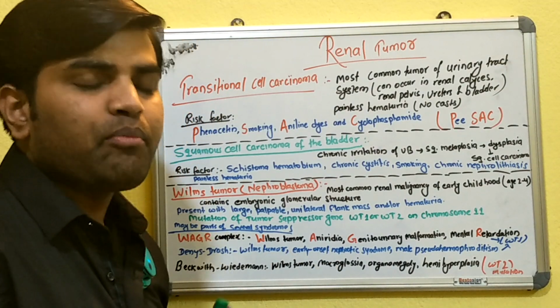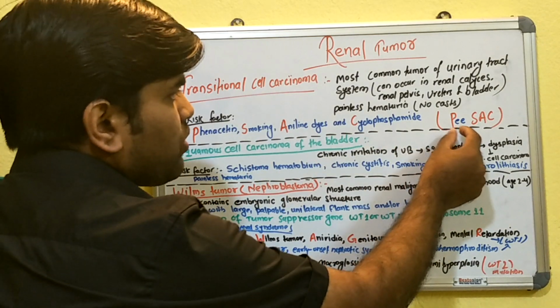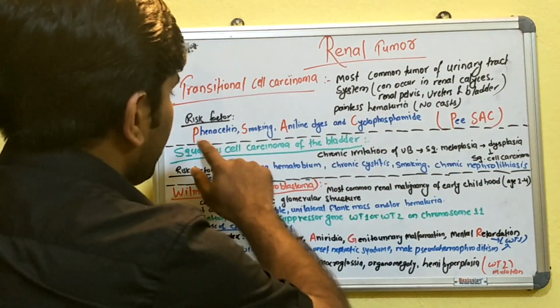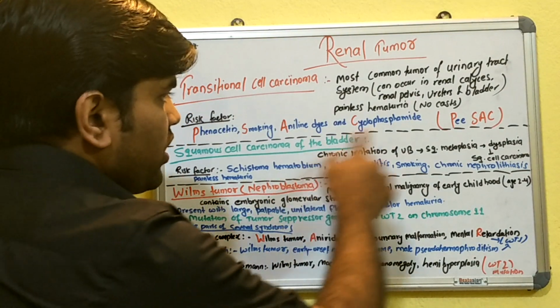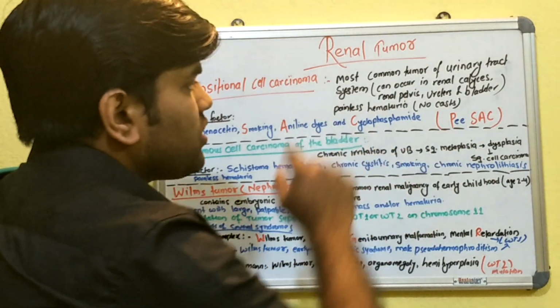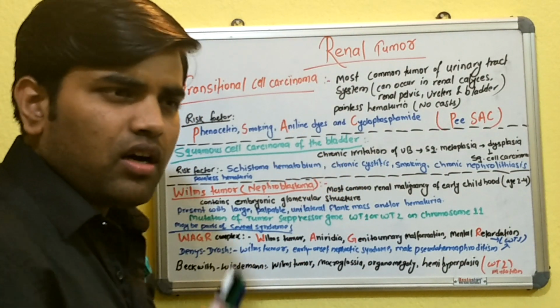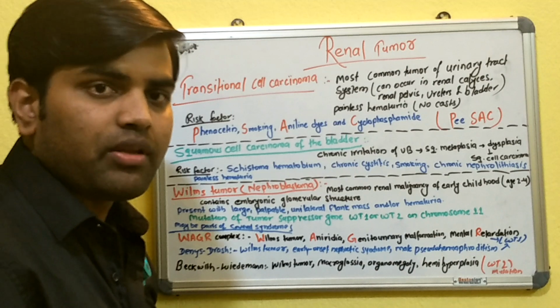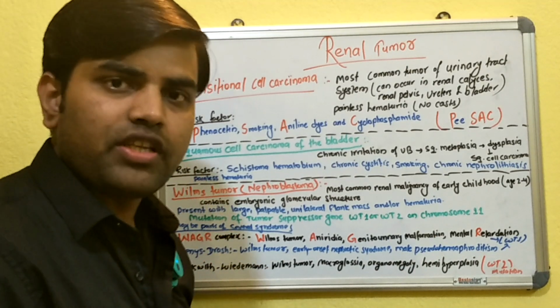So this is important and necessary to remember. It is easy because it is just the formula PSAC. Aniline dye is mainly associated with industries such as painters, which will be your case scenario.